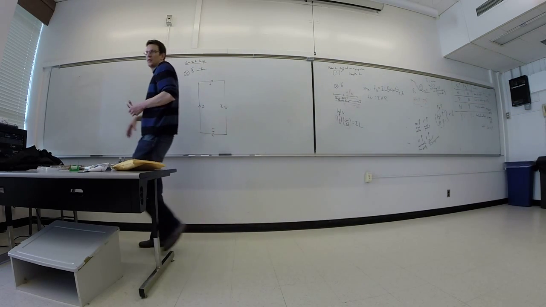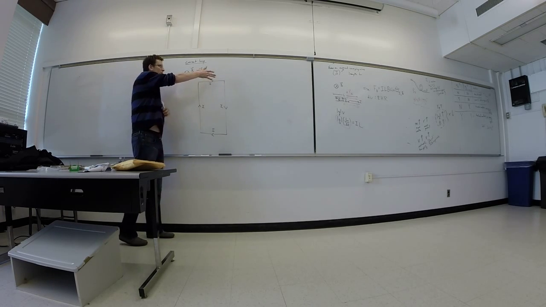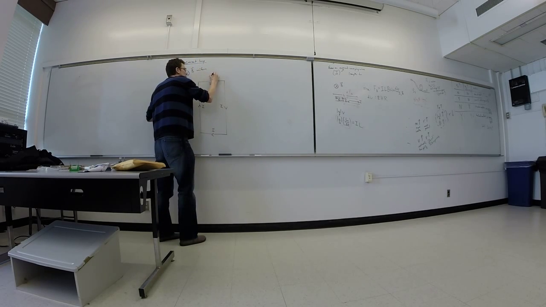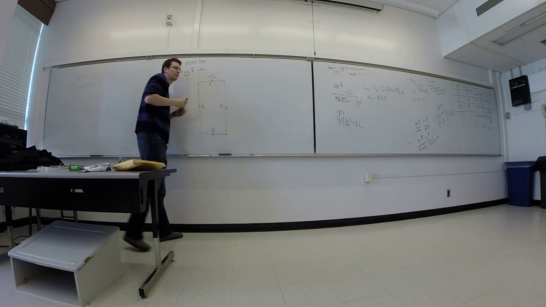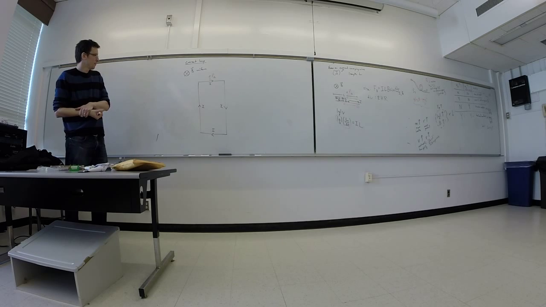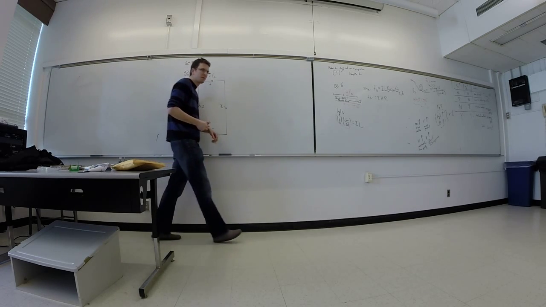More practice with the right-hand rule. Let's try it. I'll do the top one first. Slap I, which points to the right, into B. Force is up. All right. Let's go to the bottom segment.